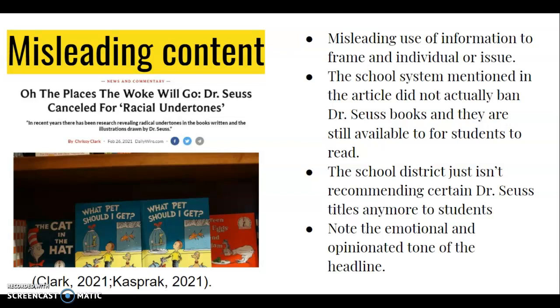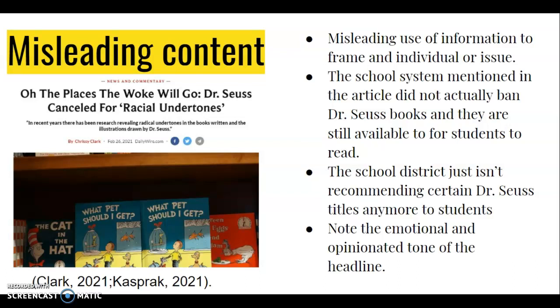The Virginia school system mentioned in the article did not actually ban those books. Those books are still available to students, still on the shelves. The school district isn't recommending certain Dr. Seuss titles anymore for students to read for Read Across America Week. So framing it as a ban is a major exaggeration of what actually happened.